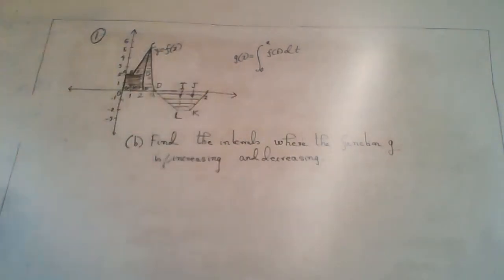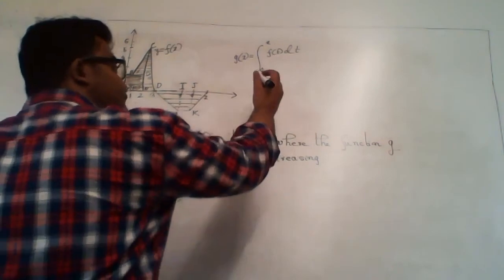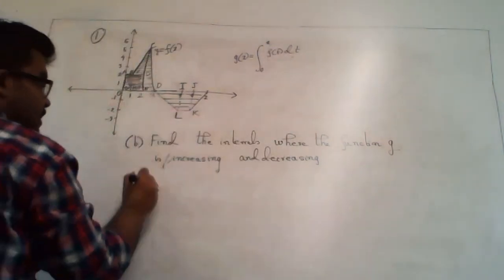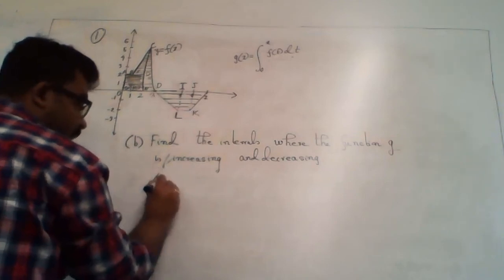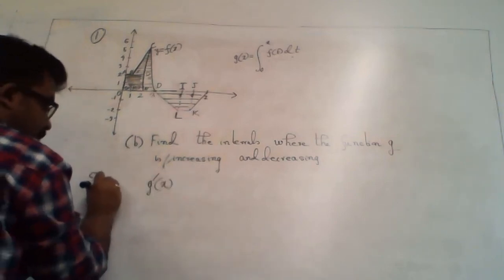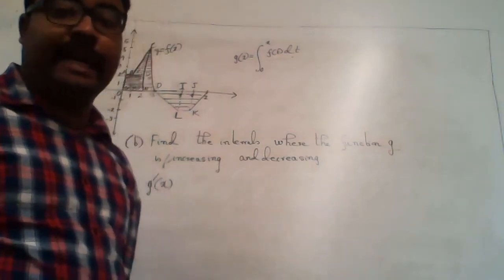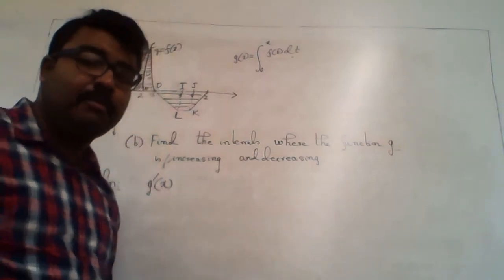So this is my function g. g of x is the integral from 0 to x of f of t dt. So to find out where the function g is increasing and decreasing, I need to compute the derivative of g. That's how we do it.